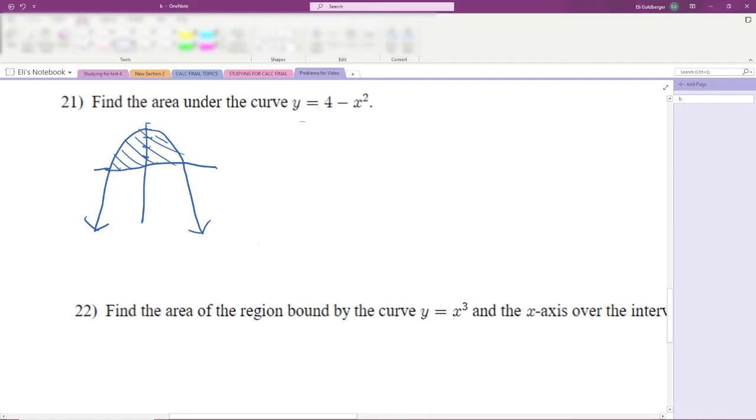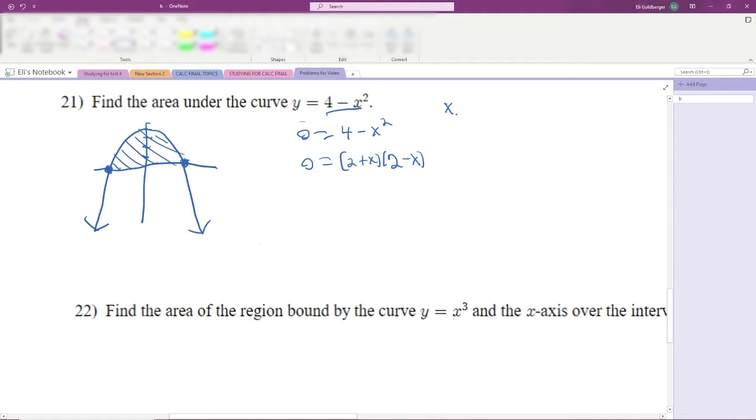But to do that, we need to know where this and this point are, otherwise known as the x-intercepts. And to do that, we need to set this equal to 0. So 0 equals 4 minus x squared. We can note this is a difference of squares. So 0 equals 2 plus x times 2 minus x.